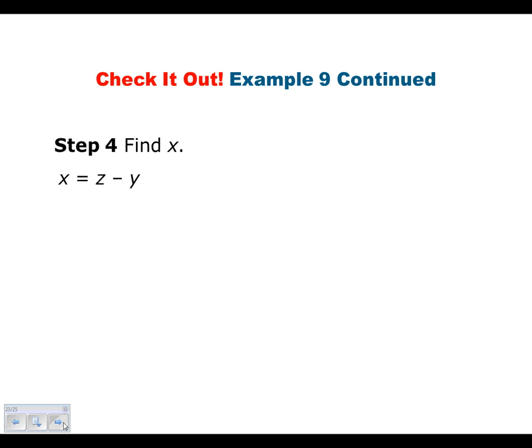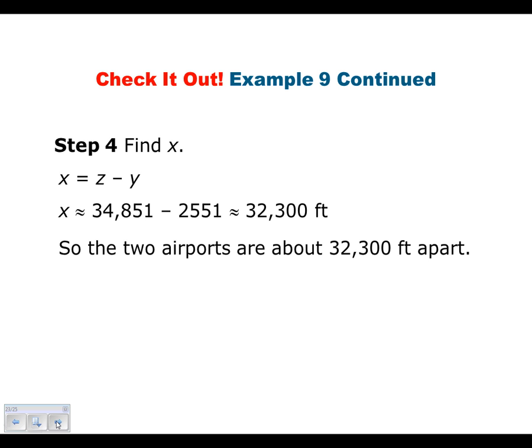To find x, x equals the difference between z and y. So x equals 34,851 minus 2,551, which is approximately 32,300 feet. So the two airports are about 32,300 feet apart.